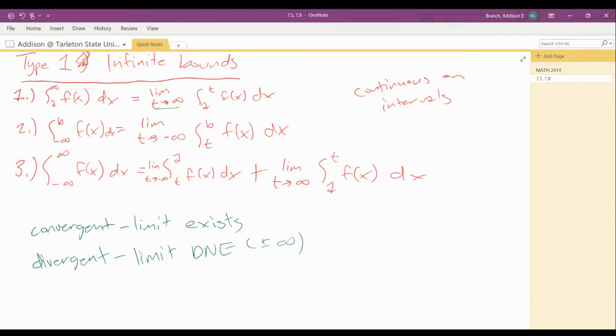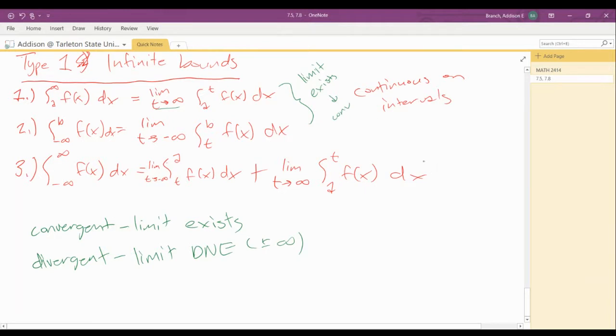Whenever we're thinking of convergence and divergence, we are essentially trying to figure out, if we take the area under this curve, is it a finite number or is it an infinite number? So for cases 1 and 2, if the limit exists, it's convergent.